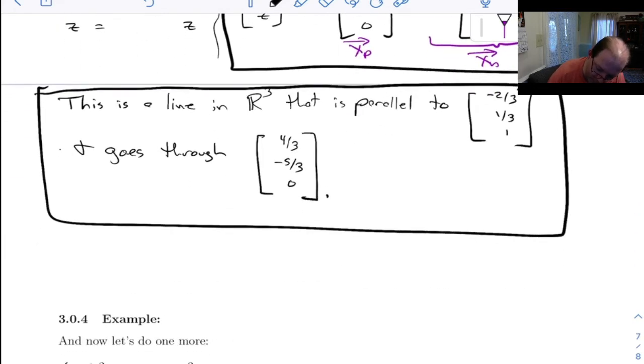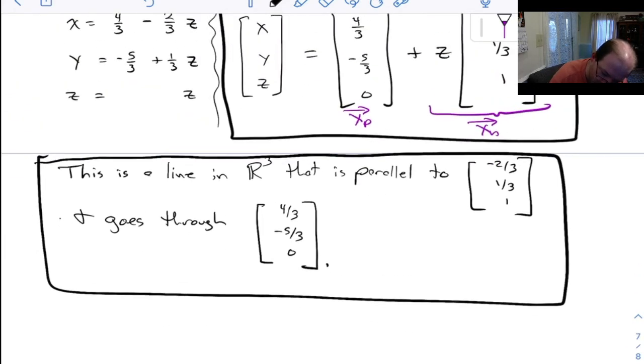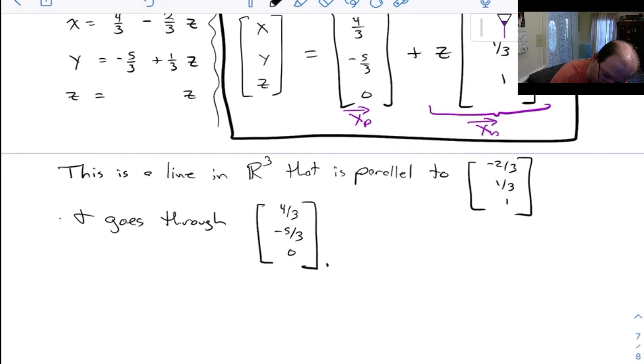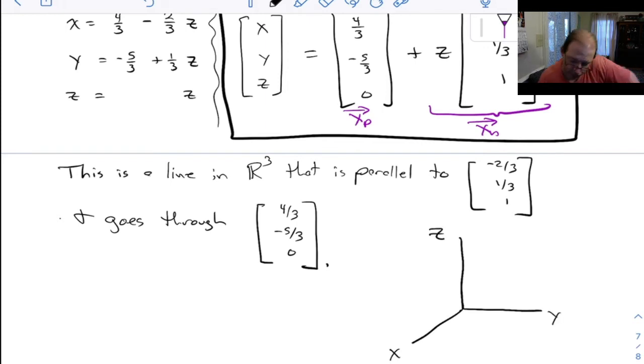If we were to try to draw this, and I'm not going to ask you to draw this, but if you were going to draw something like this, here's my x, y, and z. So it's parallel to the vector (negative 2/3, 1/3, 1). Now I can scale that by 3 if I wanted to, so (negative 2, 1, 3).